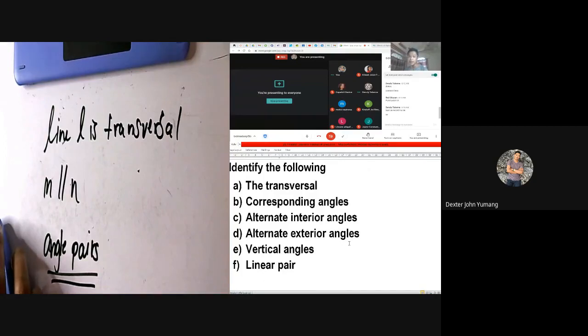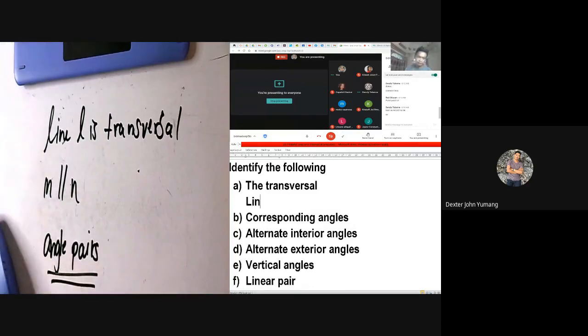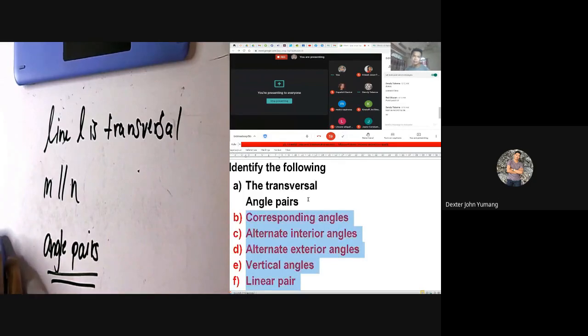Next, alternate interior, alternate exterior, vertical angles, at saka linear pair. Angle pairs are as follows. Corresponding, alternate interior, alternate exterior, vertical, and linear pair.